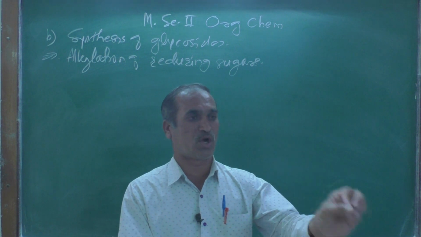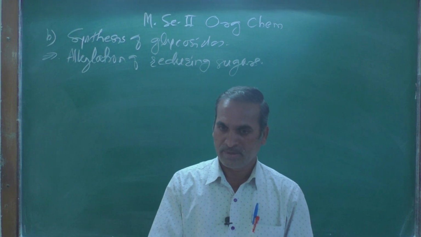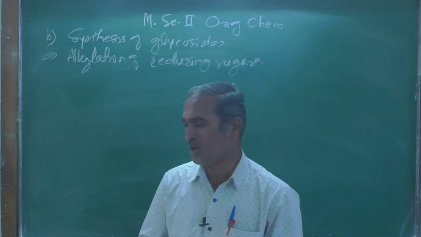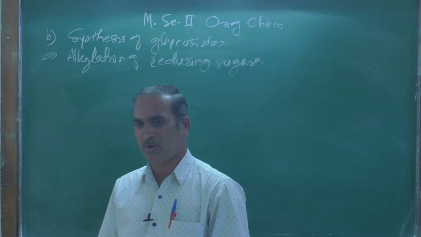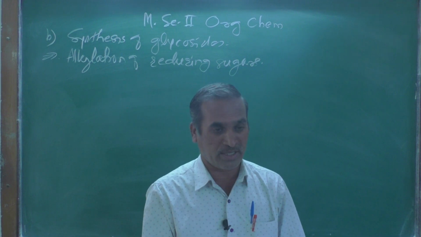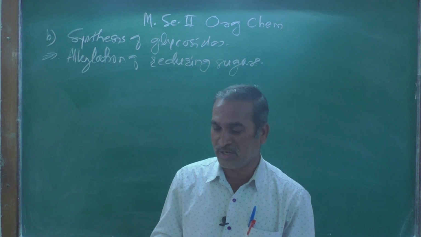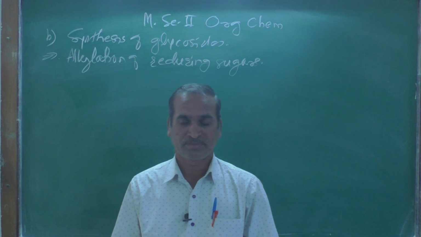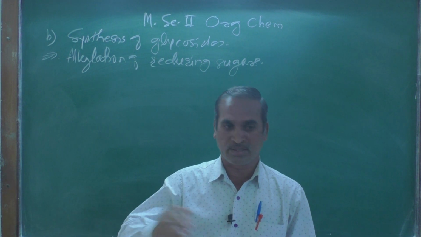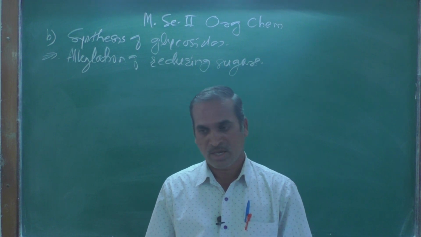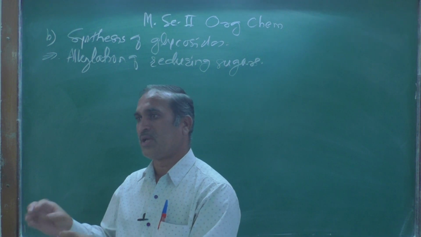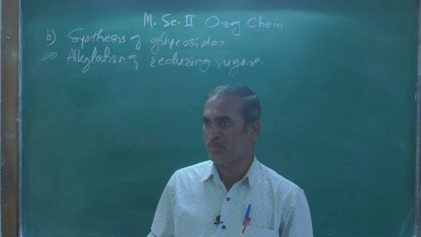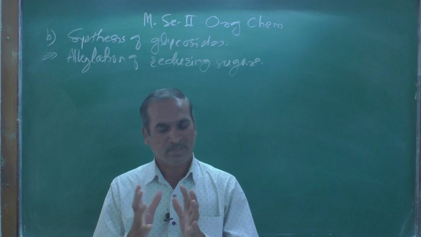So sucrose is a non-reducing sugar because in the glucose unit, the anomeric hydroxyl group is utilized for the formation of the glycosidic bond or glycosidic linkage. In the fructose, it utilizes its hydroxyl group, and there is elimination of a water molecule, and the resulting compound formed is a disaccharide.